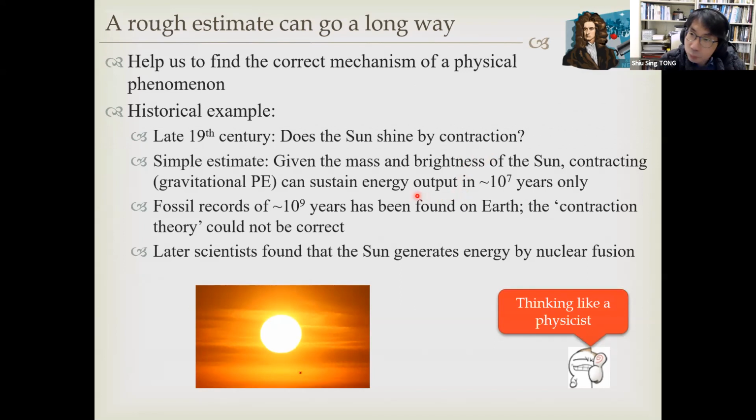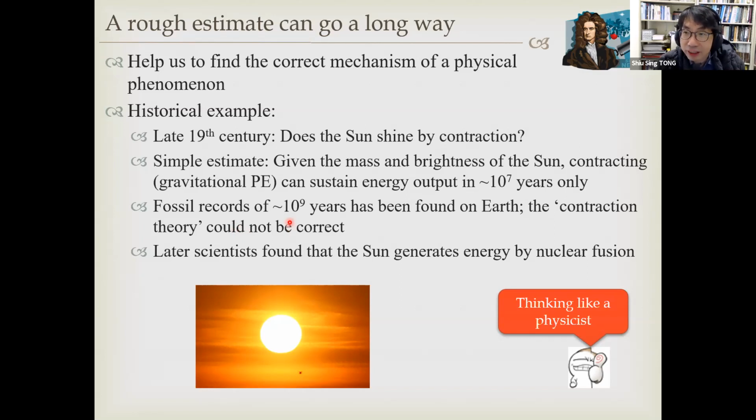But you can really do a very simple order of magnitude estimation. Given the mass and the brightness of the sun, we know the energy output of the sun. The gravitational potential energy from contraction can only sustain the energy output of the sun for several tens of millions of years. That is 10 to the power 7. But we know from fossil records that the Earth has existed for at least several billions of years.